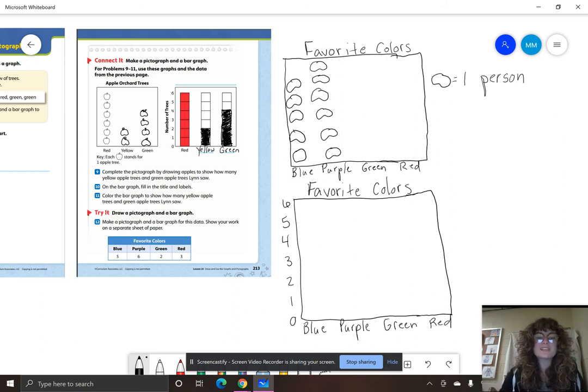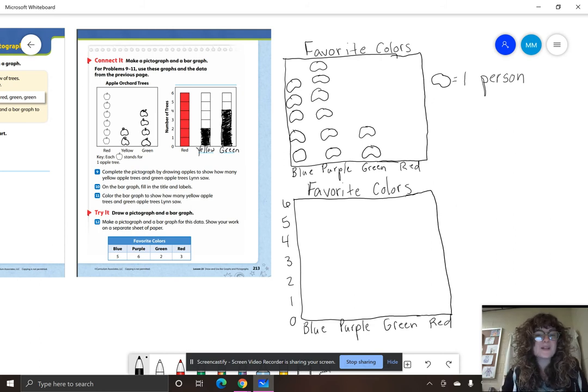How many people said green was their favorite? 2. How many paint splatters am I going to need above green? 2. 1, 2. And how many people chose red? 3.